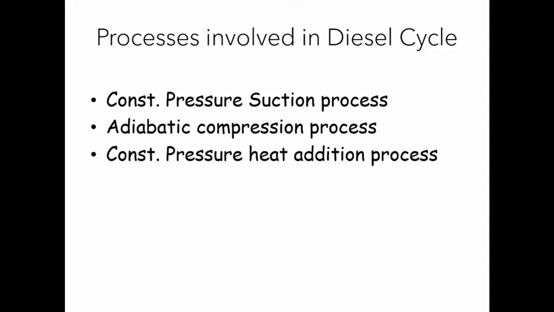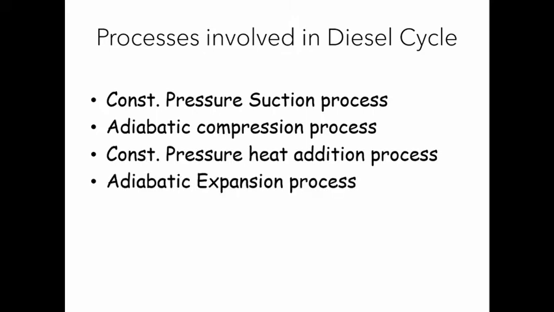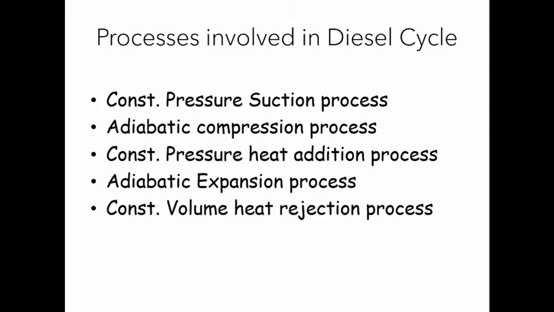This is also a difference between the diesel cycle and the Otto cycle. In the Otto cycle, the heat addition process takes place at constant volume. Then comes the adiabatic expansion process, and last the constant volume heat rejection process.